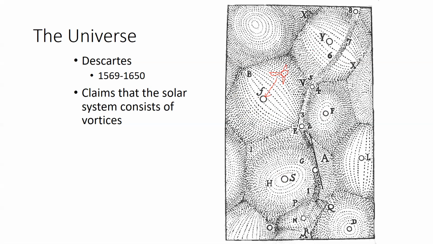But if the rocket is closer to here, then it will be attracted by this planet. So the question is, how do you divide the space in 3D such that you know which region is attracted to which planet? That's what Descartes thought about.